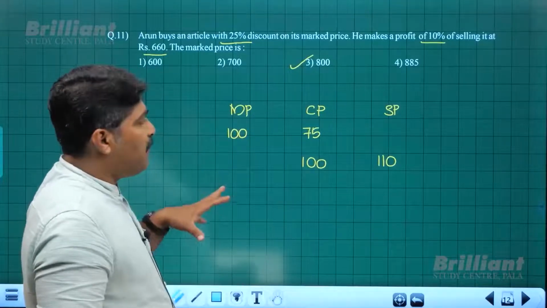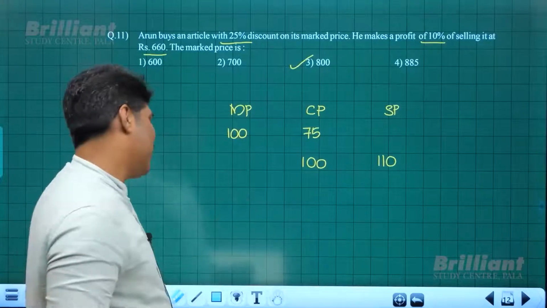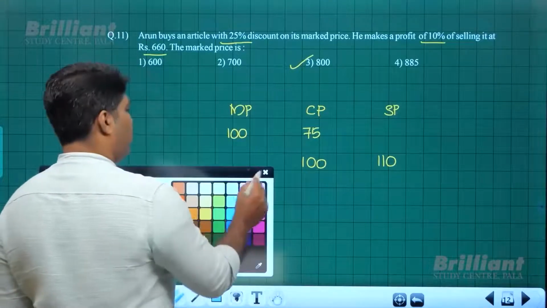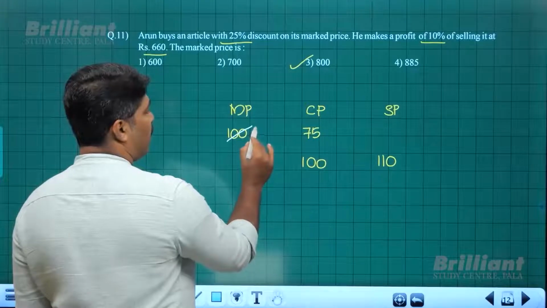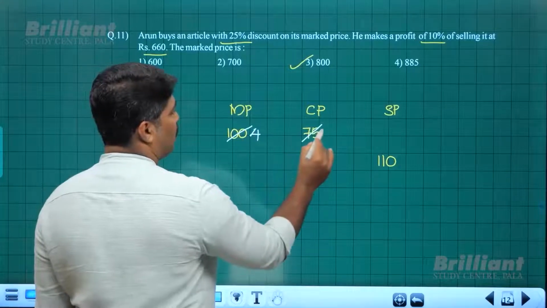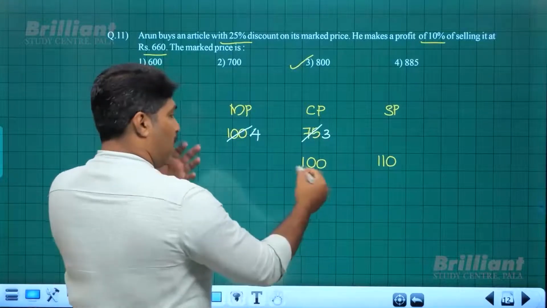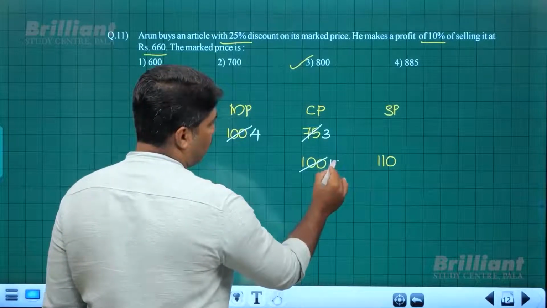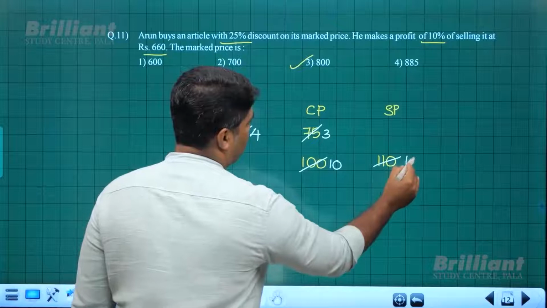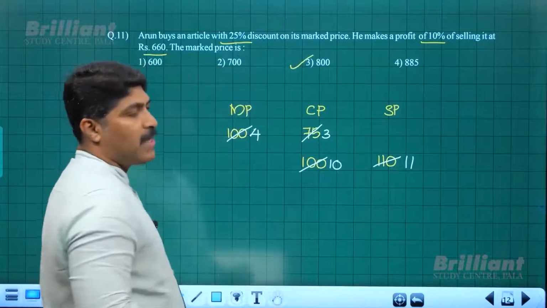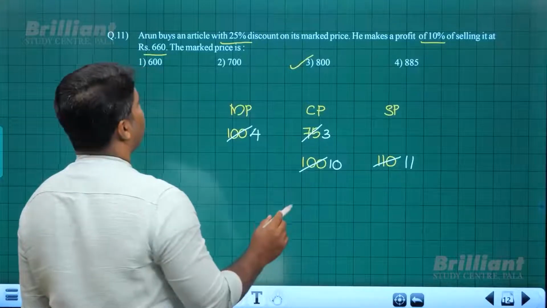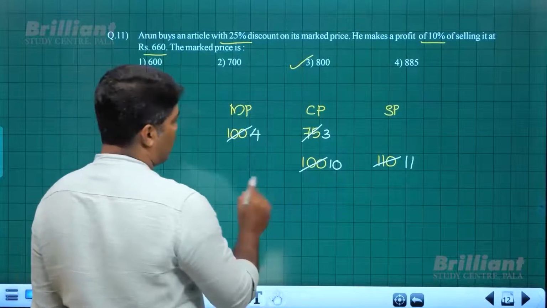So we are going to frame a ratio. For that purpose, I make a simplification here. While considering the values, this is 25 into 4 and this is 25 into 3. And this is 10 and this is 11. Got it? So you combine these ratios. How to combine them?